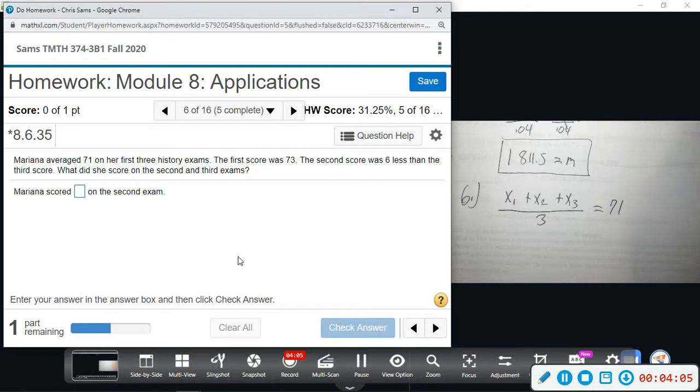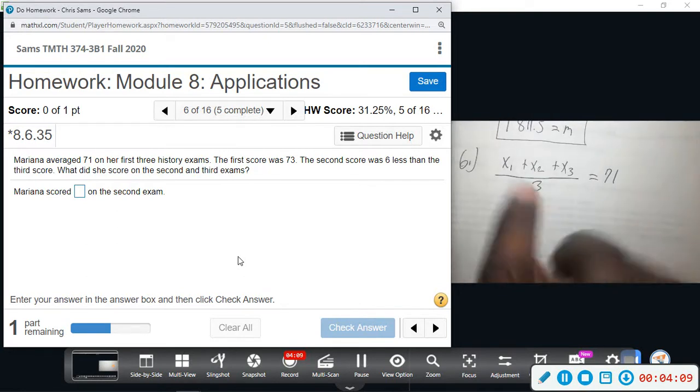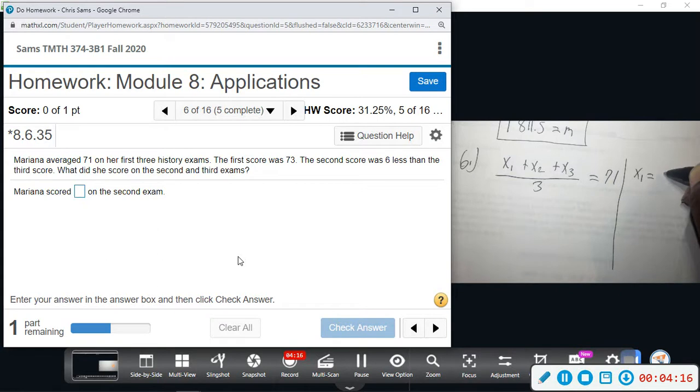We were given the first score, so x1 equals 73. Then the second score, x2, was 6 less than the third score. So this is x3 minus 6.